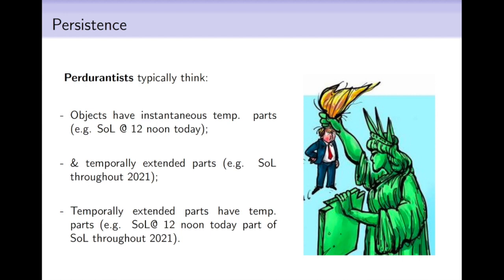I think that sort of model makes sense when we think about spatial parts. So, I have a part that's my hand, my right hand, say, but my right hand also has parts. For instance, the index finger on my right hand is a part of my right hand. And also it's a part of me, right? So the parts of my parts are parts of me.